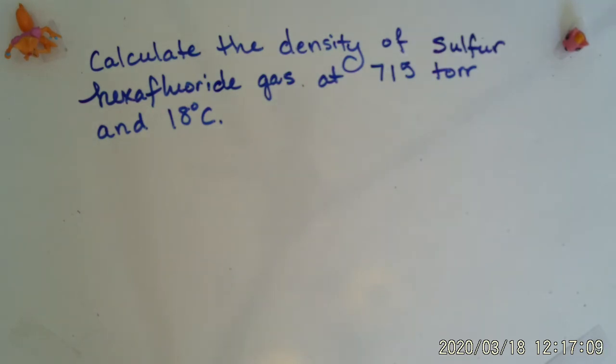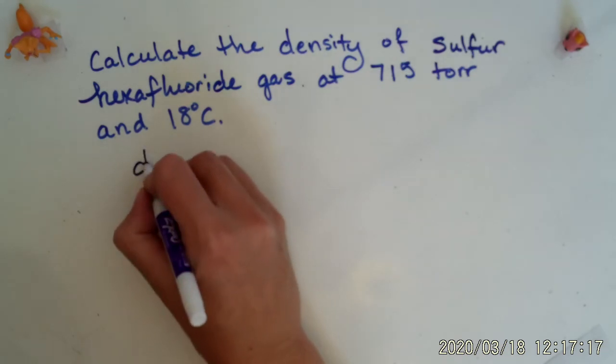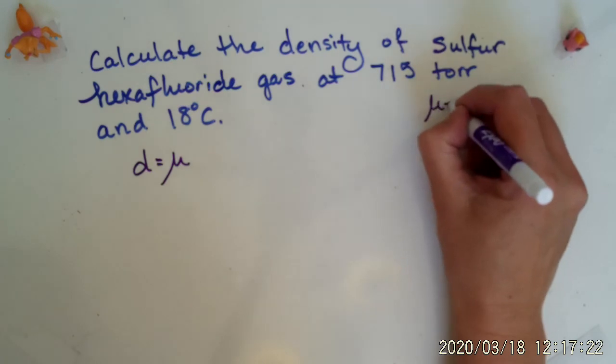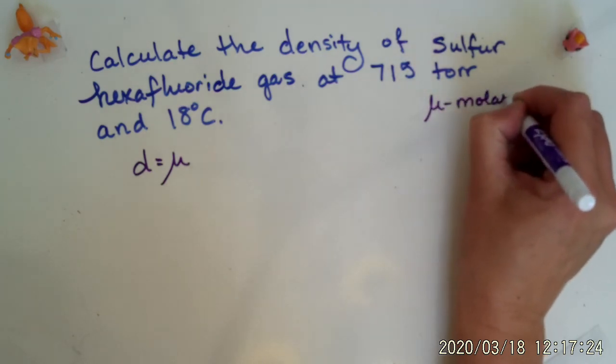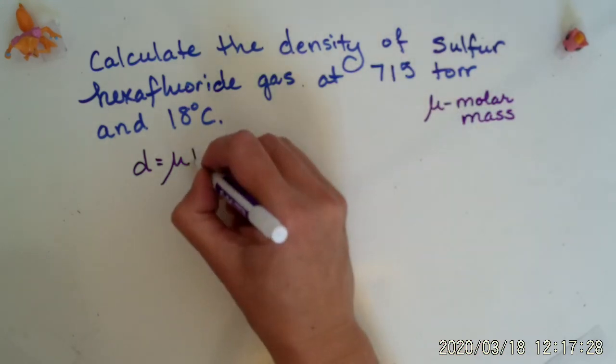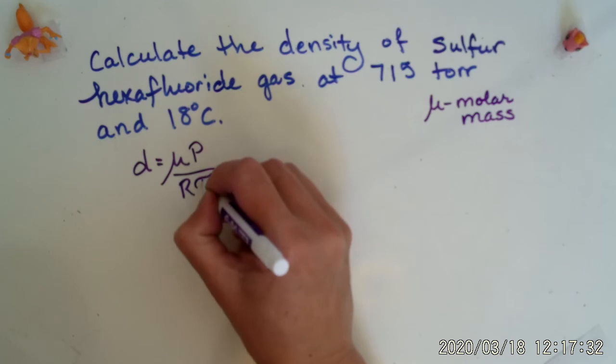Well, we're asking for density. So if you have it memorized, that's great. Otherwise, we can rewrite it. So remember that density is equal to the molar mass, mu is molar mass, times P over RT.